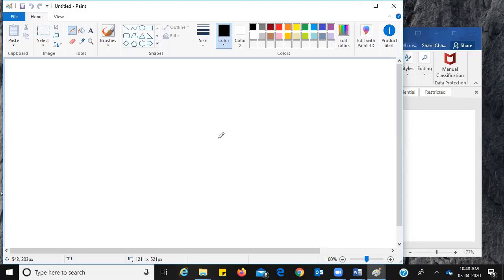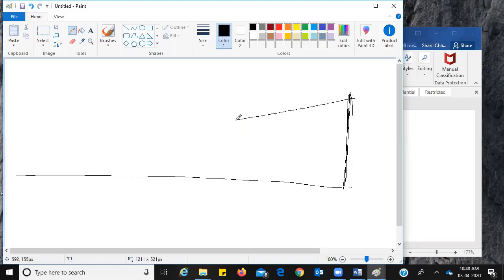If this is a tall building and this is my eye here, I get the feeling of this being very small, this much angle.